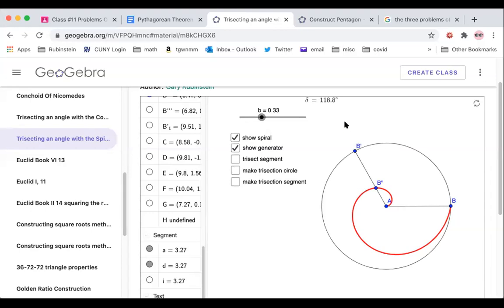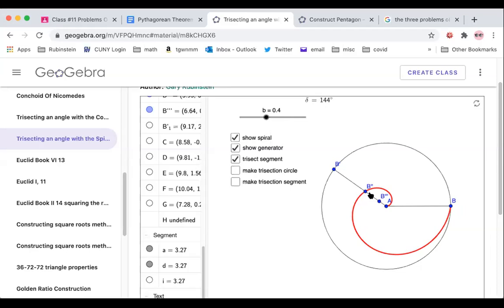But I'm going to show you how I could trisect this angle. So this angle is now 118.8. Let me make it 144 degrees, because that's something I can trisect. Step 1. See this segment AB? We trisect that segment. Remember yesterday I showed you that it's possible to trisect a segment using a compass and a straight edge?